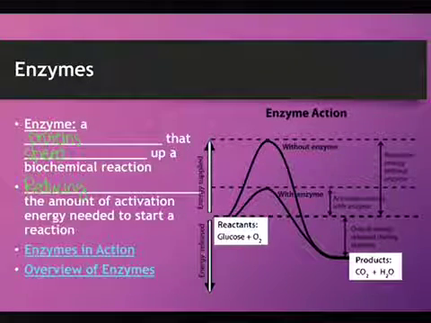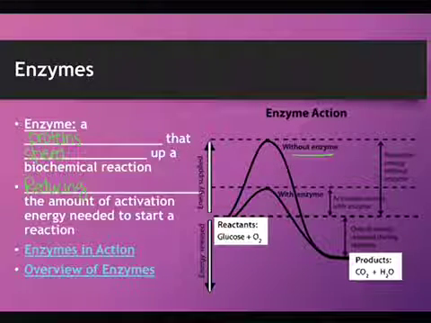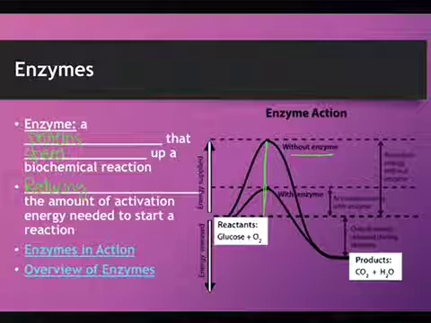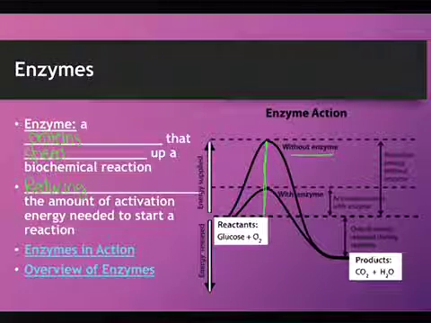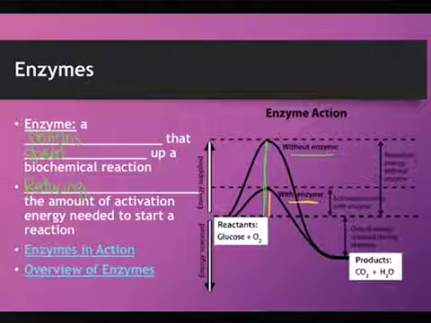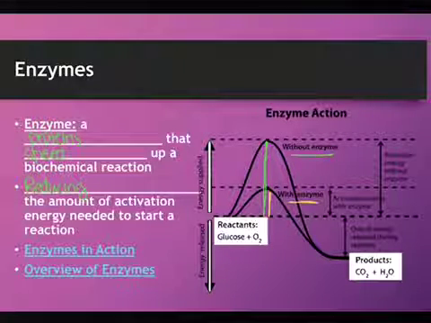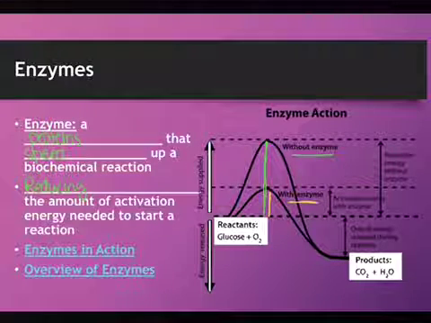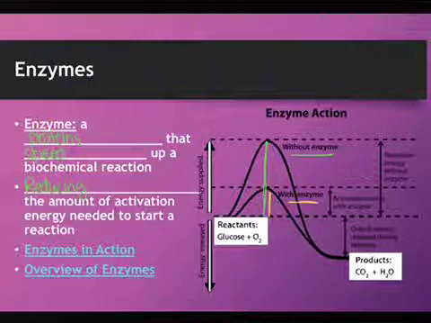So if you look here, this first graph is without enzymes, and you'll notice how much activation energy is required. Whereas when we have an enzyme present, it requires much less activation energy. So it doesn't take as much time to gather all this energy in order for the reaction to occur.